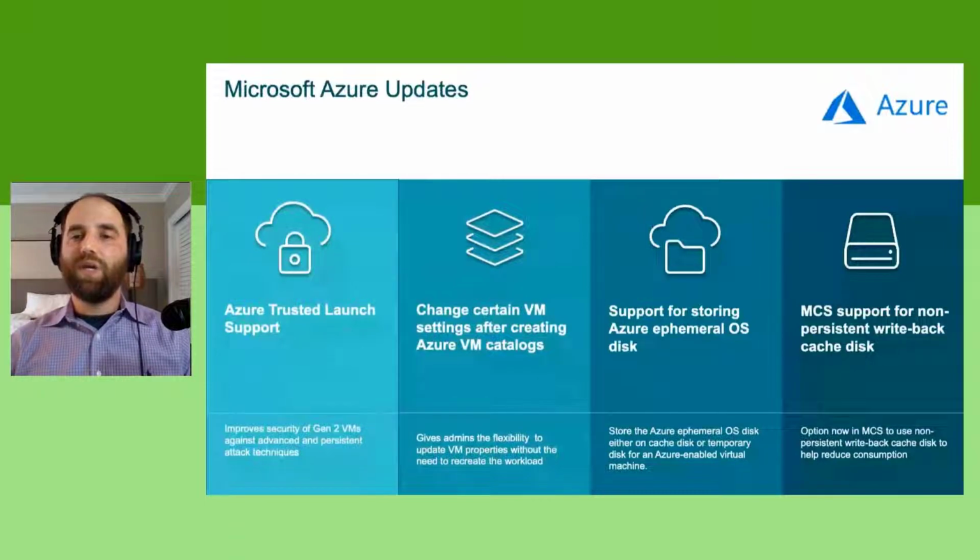And lastly, machine creation services support for non-persistent write-back cache disk. So we added an option here for our MCS customers to use non-persistent write-back cache disk. It's under the disk settings page, I believe, of the full configuration. And what you would do is you would go ahead and select this option if you do not want the write-back cache disk to persist for persistent VMs.